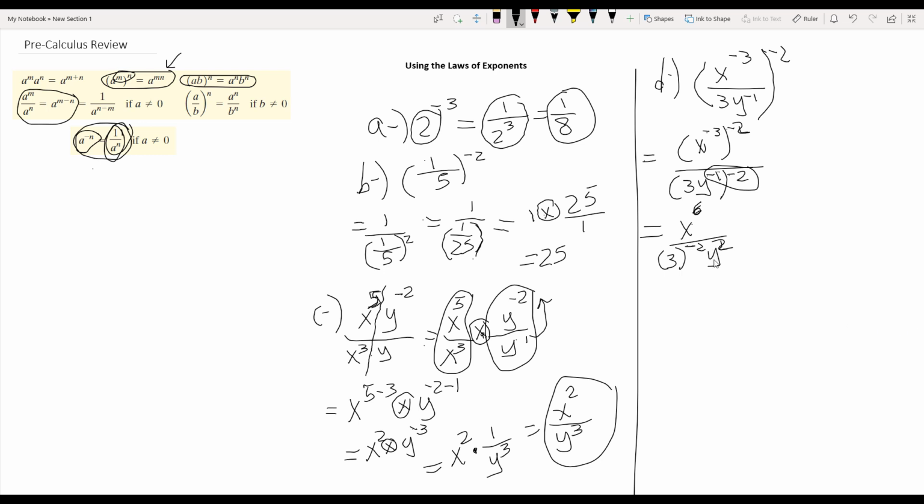So now let's see. x to the 6 can stay like that. Now this part here, 3 to the negative 2, recall from here.